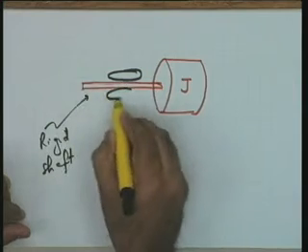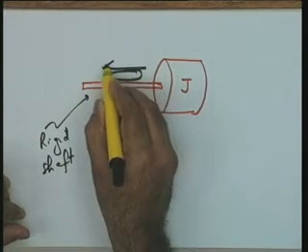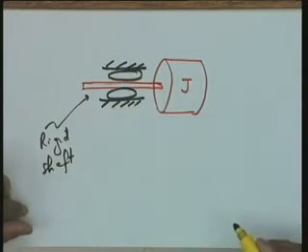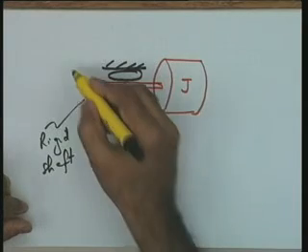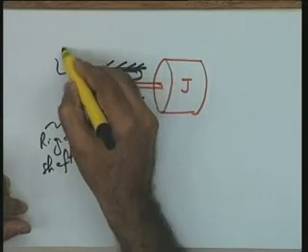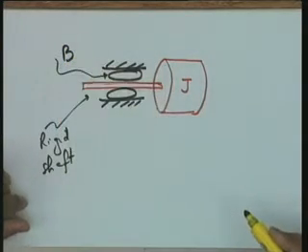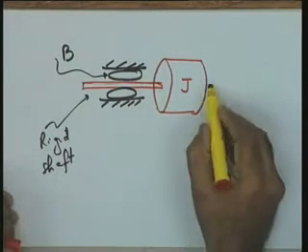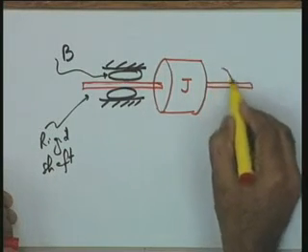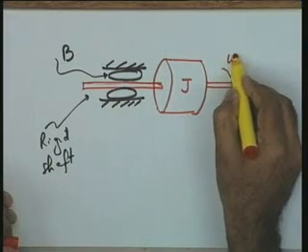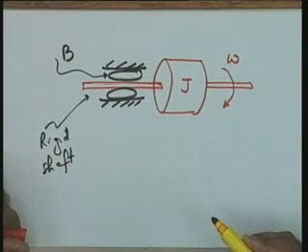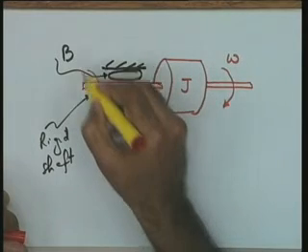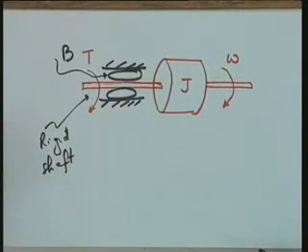And the friction environment of the system, let me schematically represent it like this. The friction environment and the viscous friction coefficient I take as B. Let me say the attribute of interest to me is omega, the speed, and the input is the torque T applied to this particular shaft.